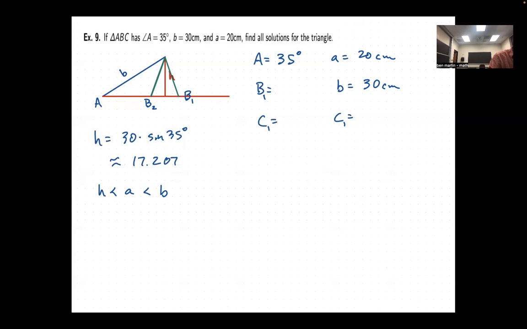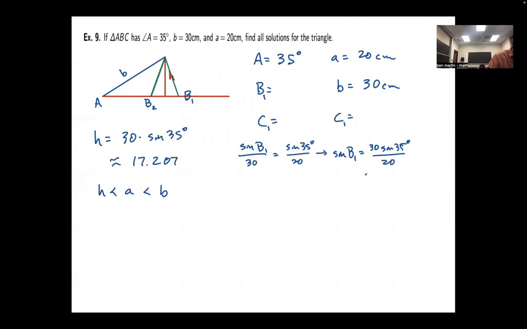But for getting the B1, we're going to go ahead and set up and say the sine of B1 over B is equal to the sine of A over A. And that tells you that the sine of B1 needs to be equal to 30 sine 35 degrees divided by 20.